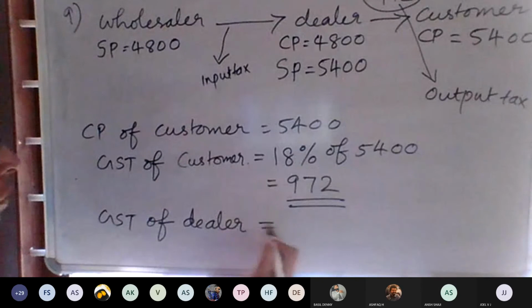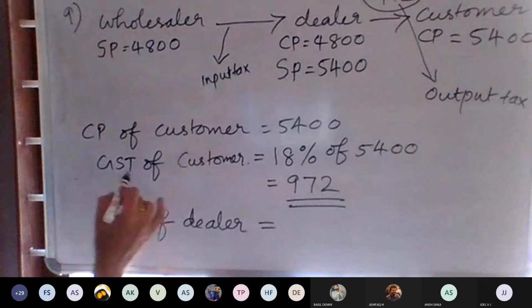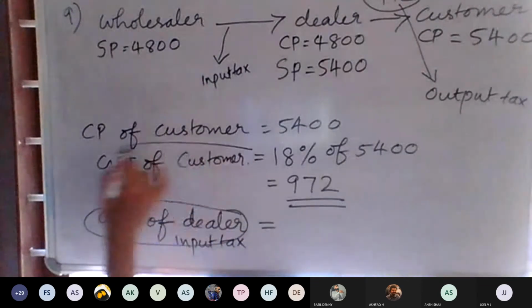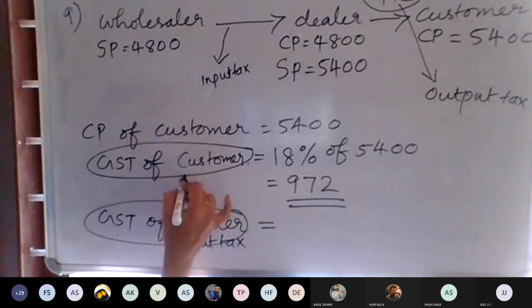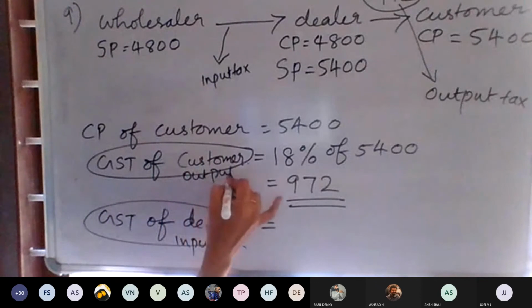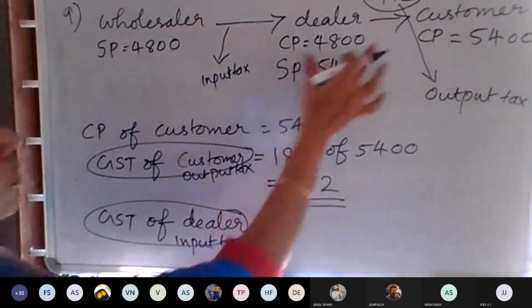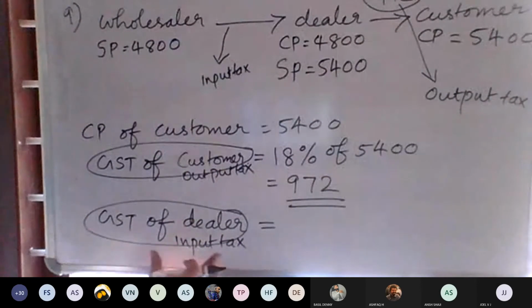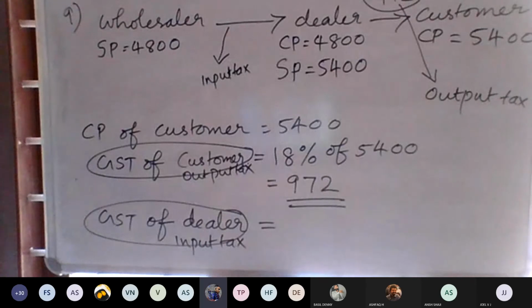Another name for GST of dealer is input tax. GST of customer is known as output tax. If you write it this way, it will be easy. So GST of dealer is equal to the same tax, GST 18%.